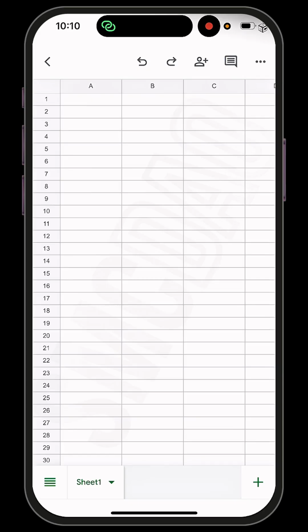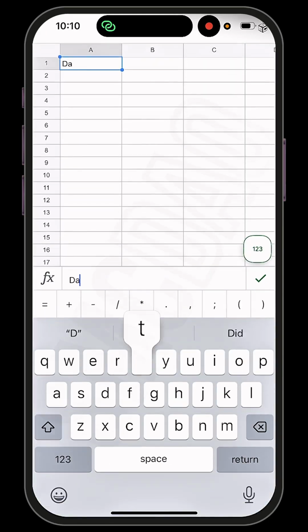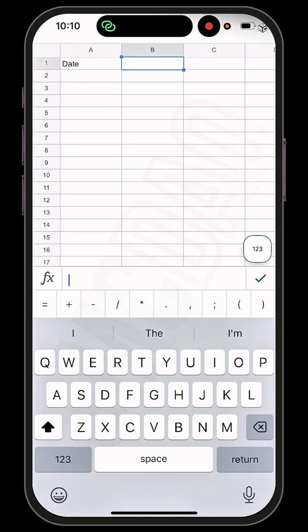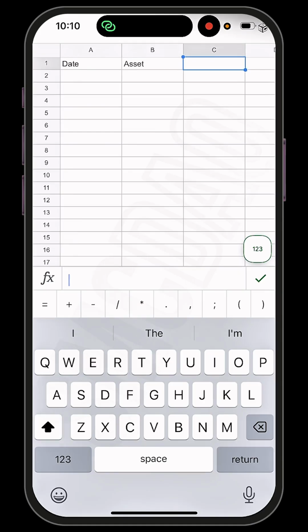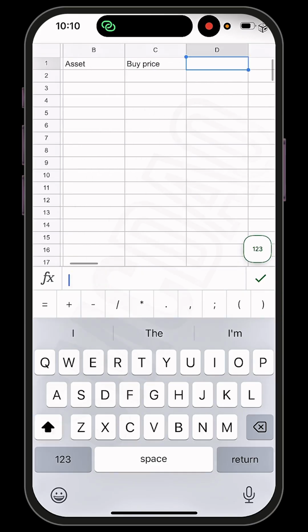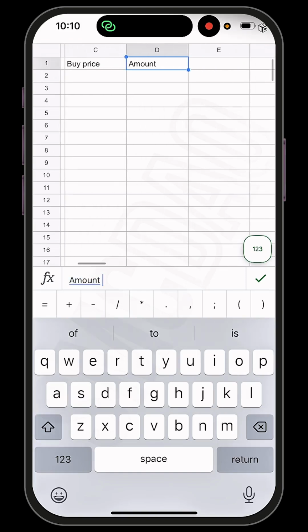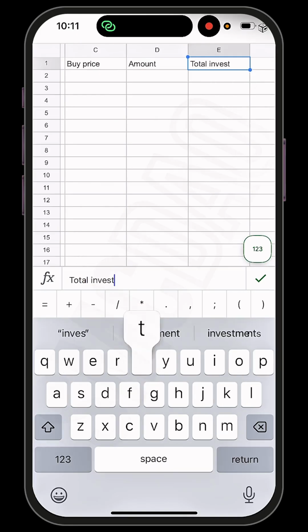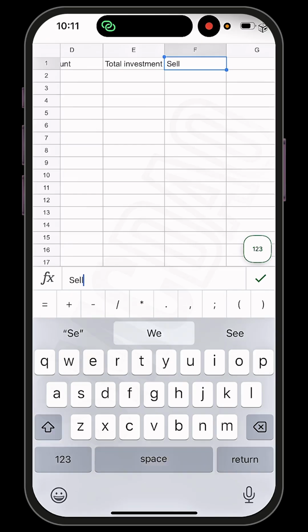Now on your basic columns, let's say for here I could input date. The next I could input asset. The next I could input buy price. On D I could input amount. On E I could input total investment. Then on F I could have sell price.